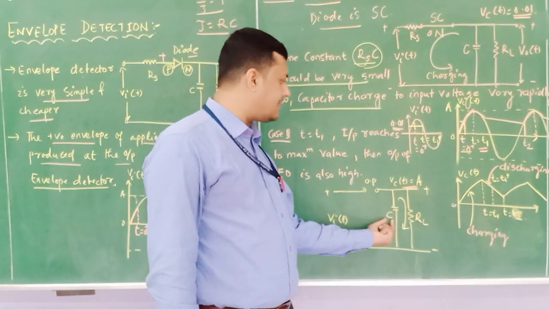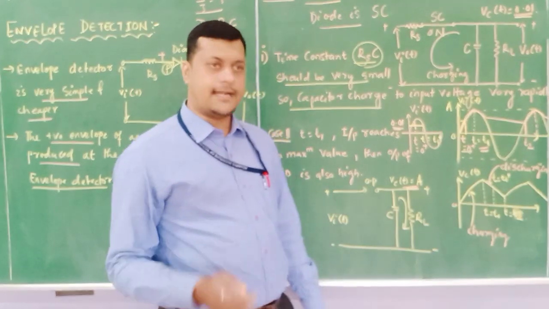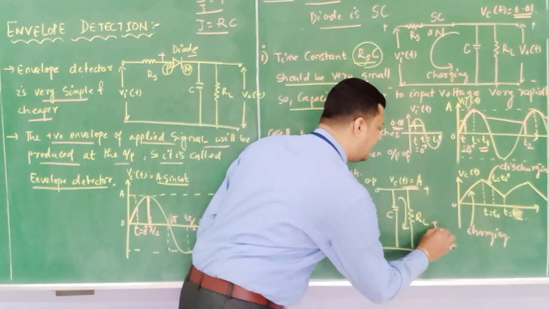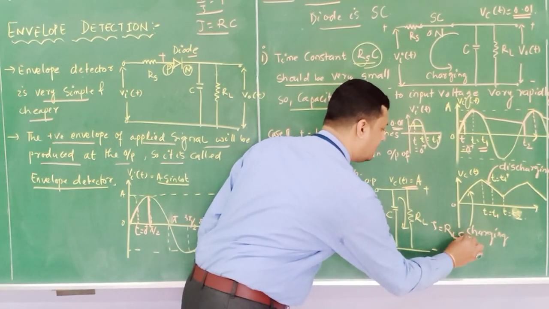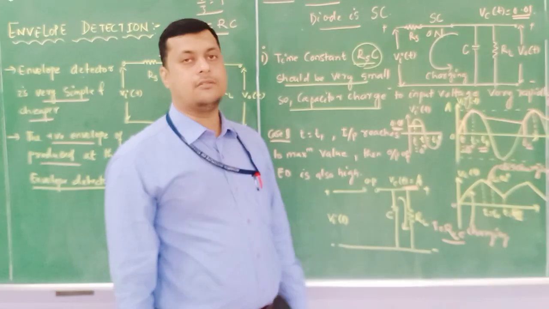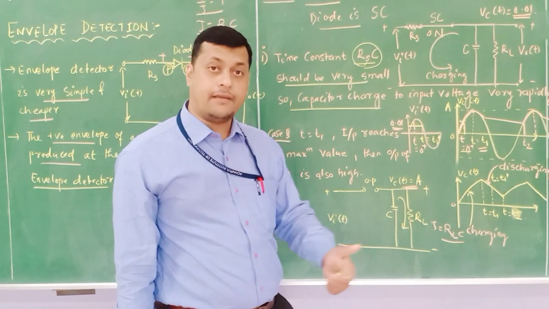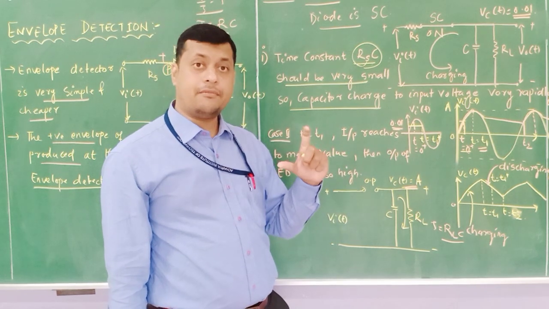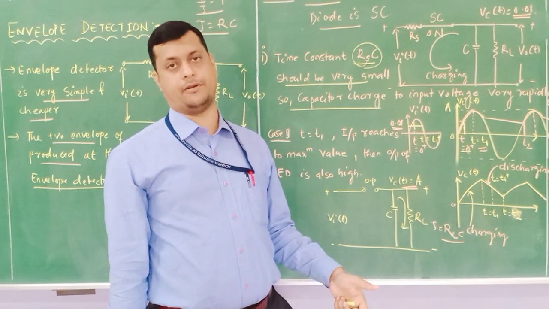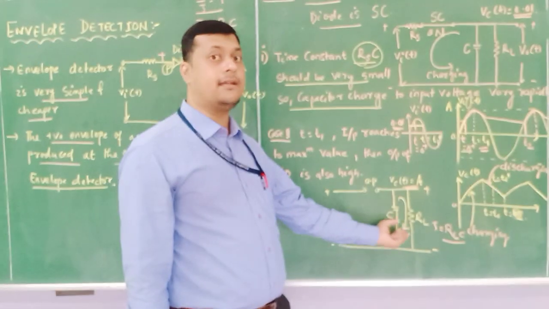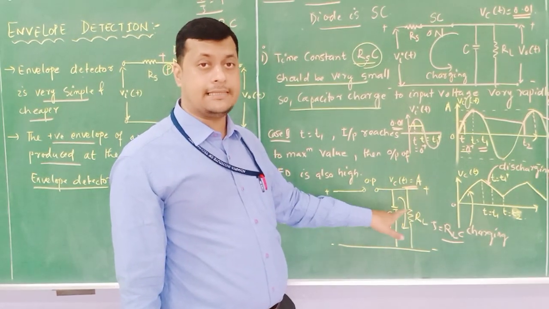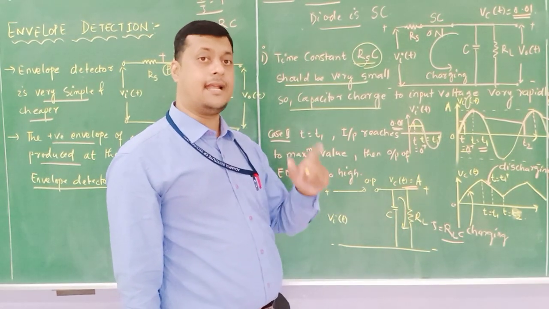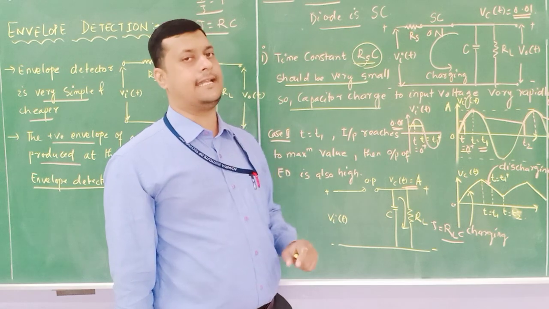That time period is C into RL. And this RL into C will help us to determine whether we have identified the modulating signal or whether we are dependent upon the carrier component. So this particular RL into C will decide the presence of carrier as well as the presence of modulating signal in my modulated signal.